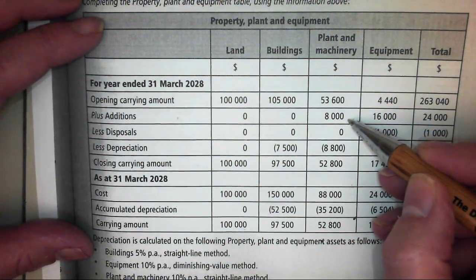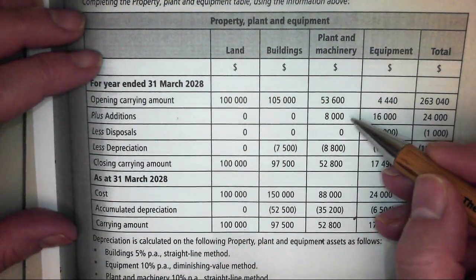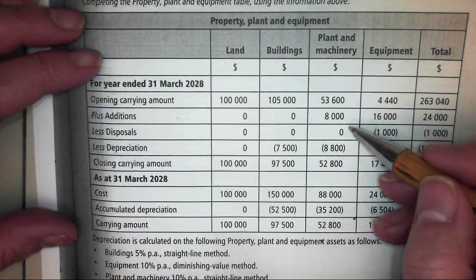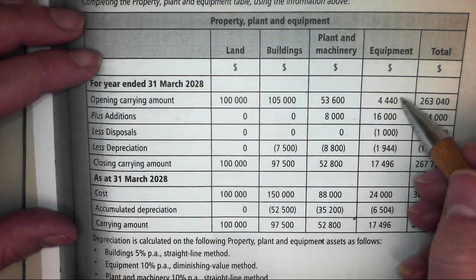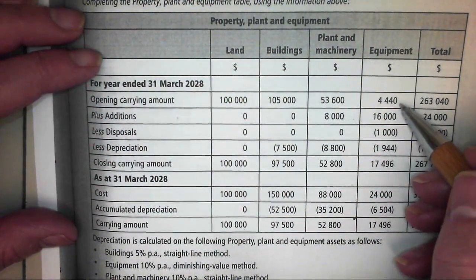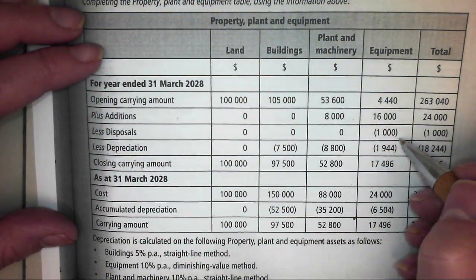And if, of course, they're new additions, that will be their cost less GST. Remember, GST exclusive figures only here. GST gets dealt with elsewhere. And in this case here, for example, I've got my opening carrying amount. I've got my additions. I obviously bought some equipment. That's its cost less GST.